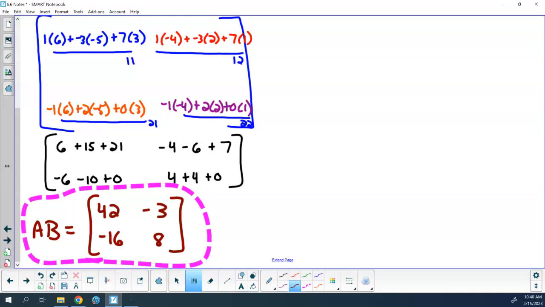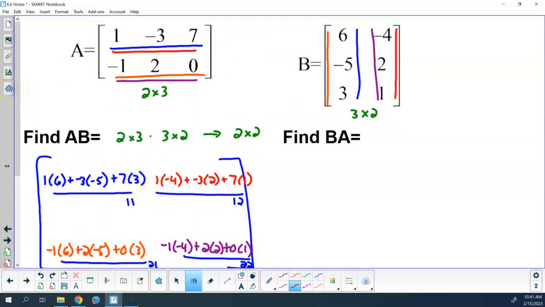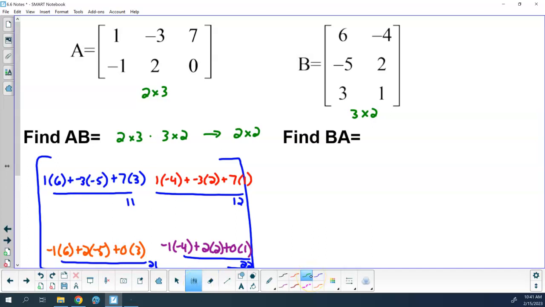Yes? Anybody with no's? Let's figure out where we had a no. Everybody got it? Okay. All right. So then now we go to B times A. B is a 3 by 2 matrix.